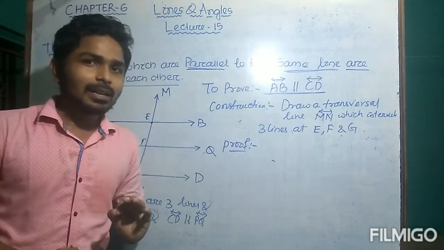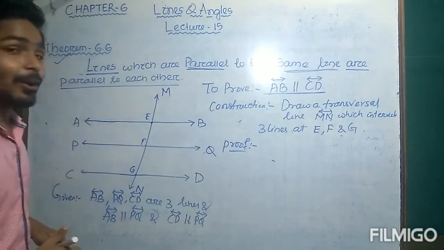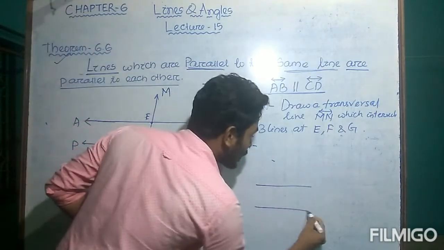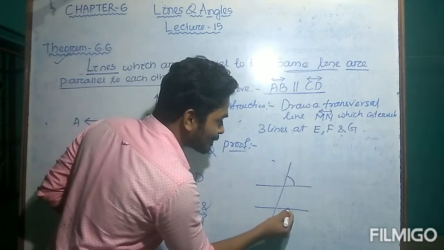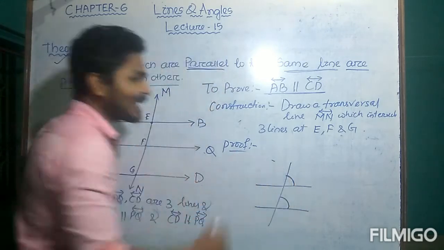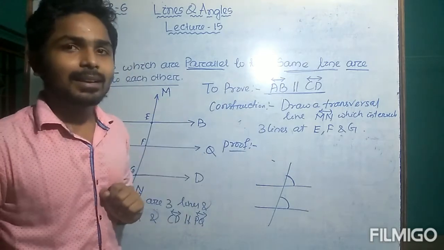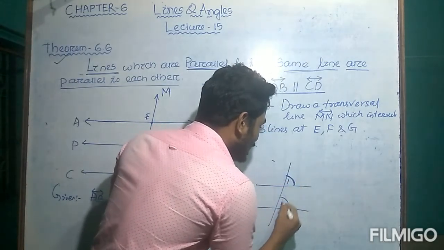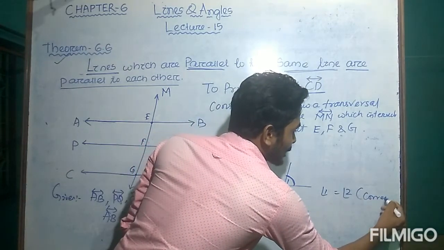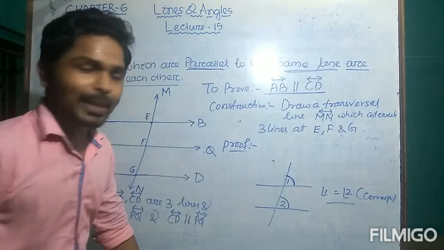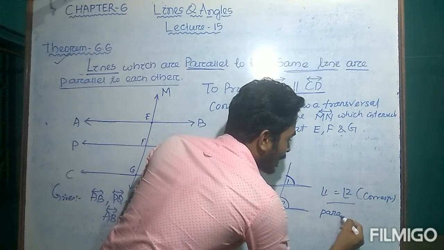According to the 6.4 axiom, if we can prove that the two corresponding angles are equal, then these two lines are parallel.